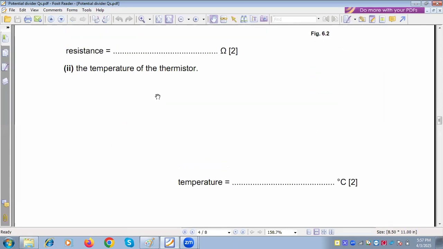So here I will apply the formula for the parallel combination of resistors. So 1 upon R total is equal to 1 upon R1 plus 1 upon R thermistor.